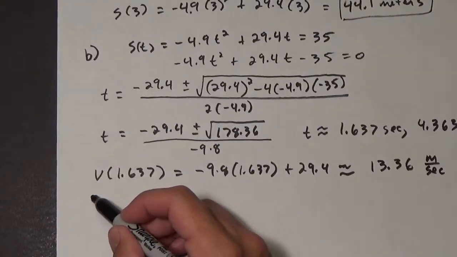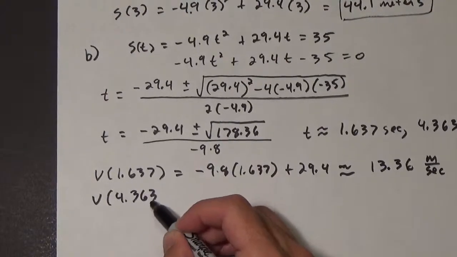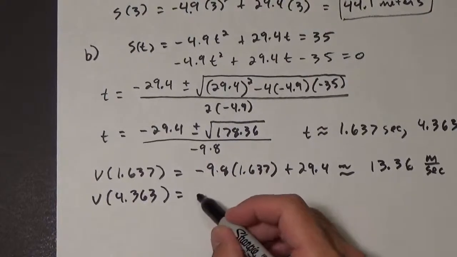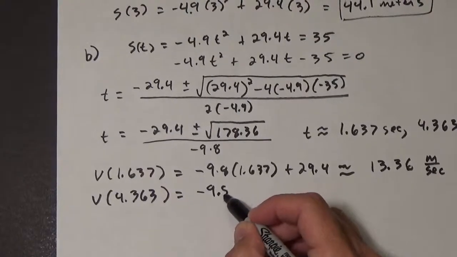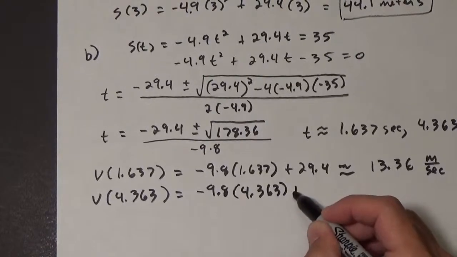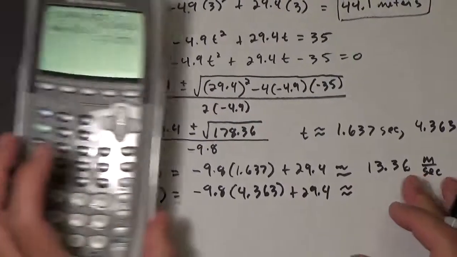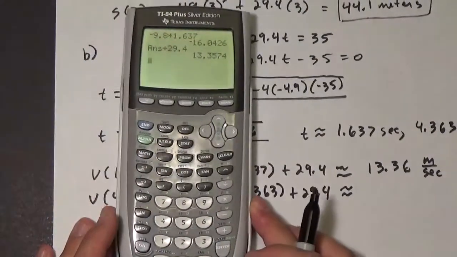And this one is going to be the velocity at 4.363. It's going to be negative 9.8 times 4.363 plus 29.4. So let's do that one.